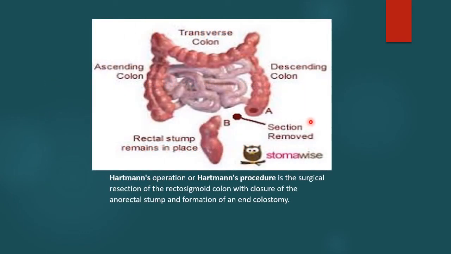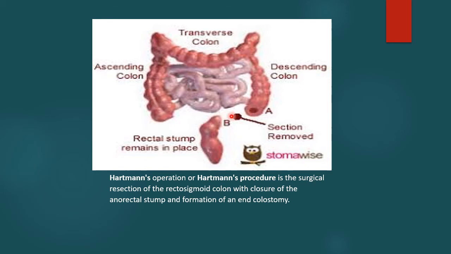This is a diagrammatic representation of the Hartmann's procedure, which is the resection of the rectosigmoid colon with the closure of the rectal stump and formation of an end colostomy using the proximal stump of the descending colon. By doing so, the whole rectosigmoid colon is removed, which bears the bleeding diverticulum, thereby arresting the bleeding as well.